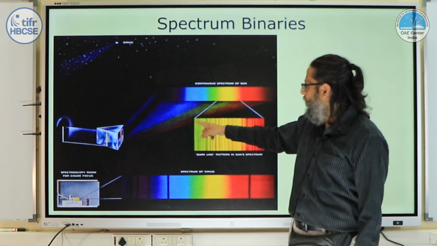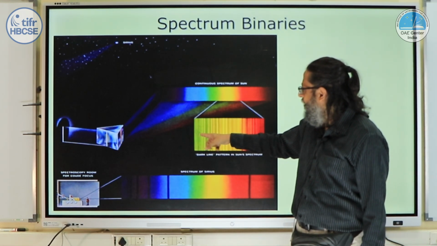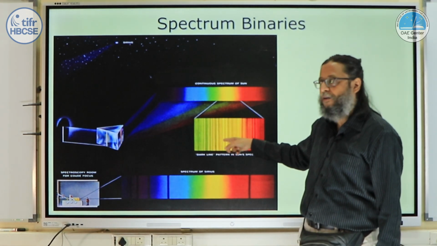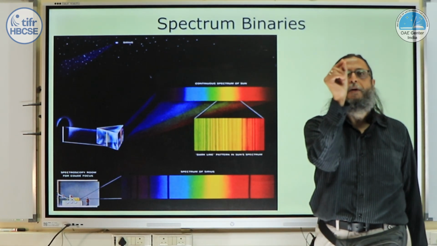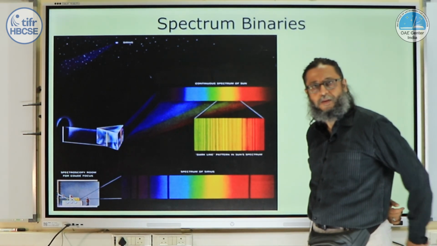And hence, what you will see is an absorption spectrum. You have dark lines at particular energy values.